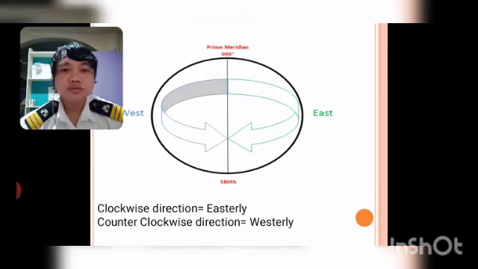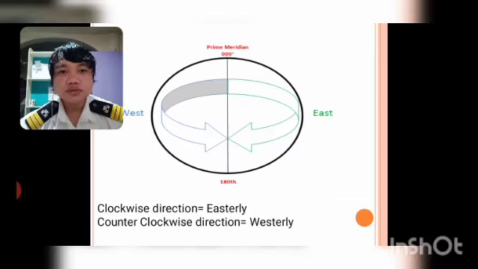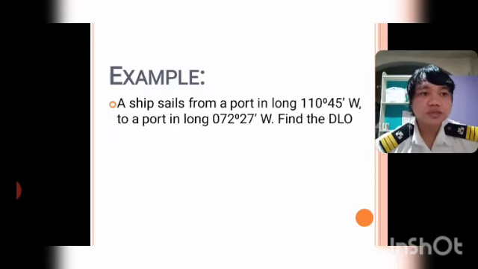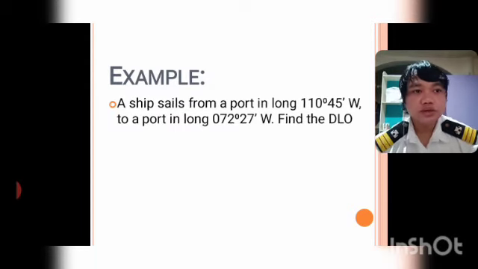And when the direction of the difference of longitude turns westerly, just like the blue bended arrow, it is going in a counter-clockwise direction. Both sides from the meridian have 180 degrees, and in combination we have 360 degrees. So let's go directly to the examples so that we will be able to understand the difference of longitude.